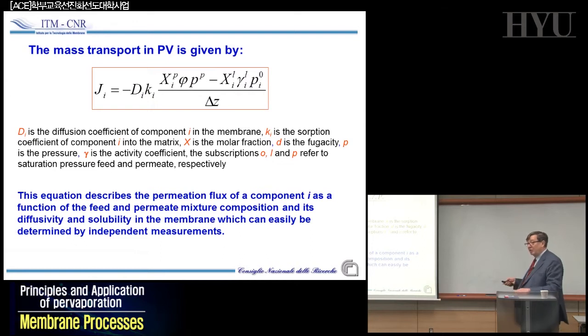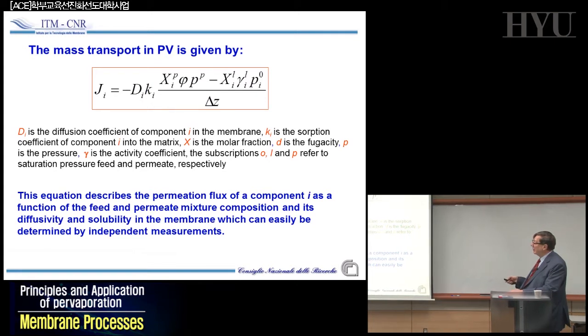You cannot just switch from one temperature to another. Then there is the thickness of your membranes and the difference in the driving force: the activity coefficient gamma, the fugacity in the gas phase, and the pressure and the molar fraction in the liquid phase. This is the expression you are already familiar with, the flux of one component across your membranes in terms of diffusivity and solubility. Both of these parameters can vary, by the way.